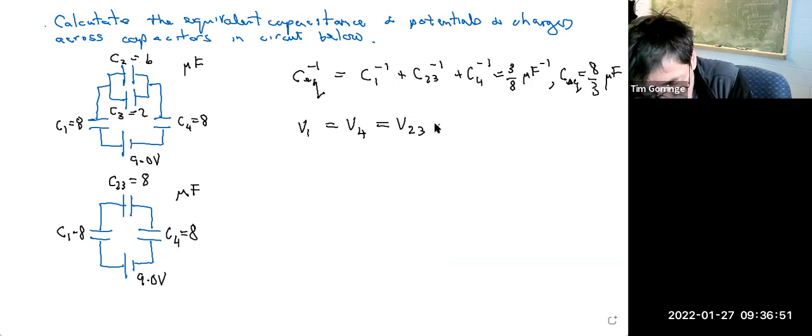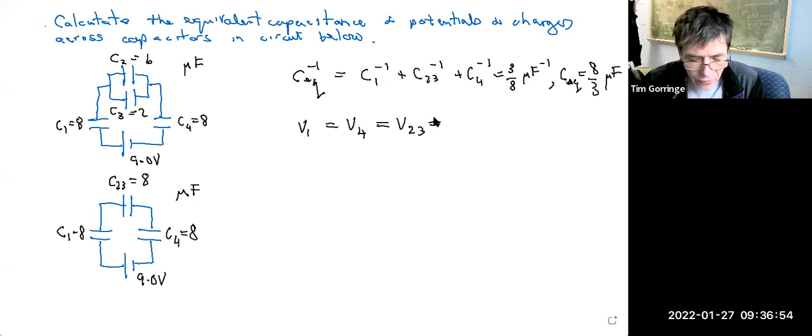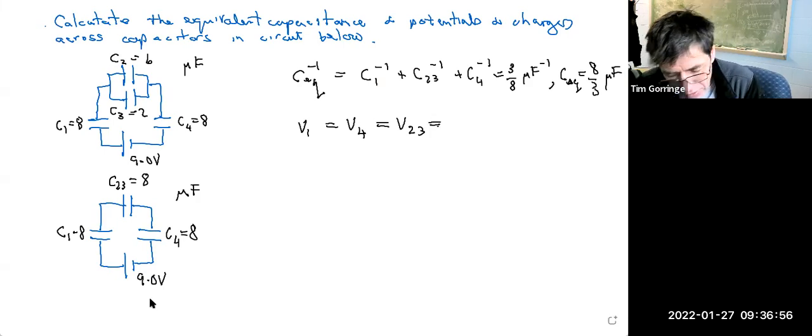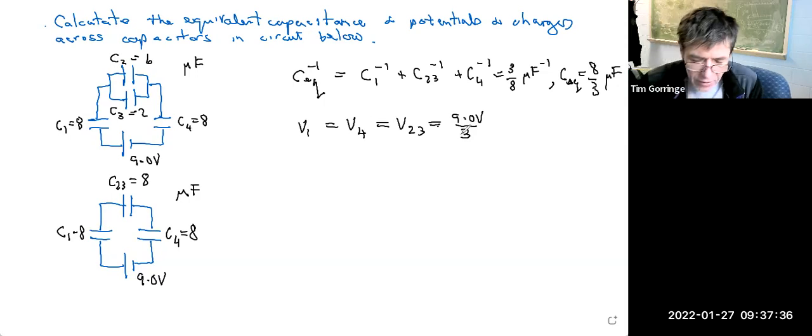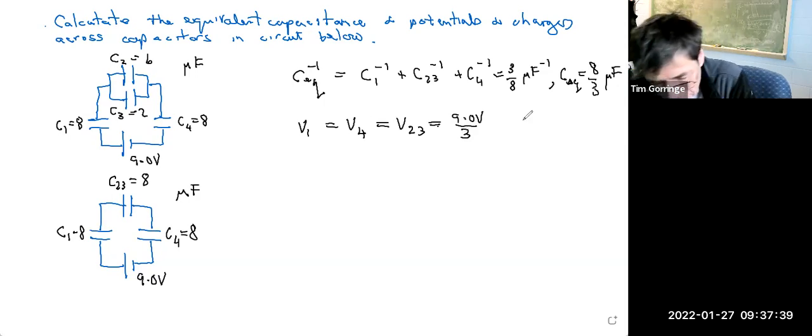And because there's 3 of them, they each get 1/3 of the 9 volts. So 9 volts supplied by the battery divided by 3, shared across the 3 capacitors, is going to give us 3 volts.